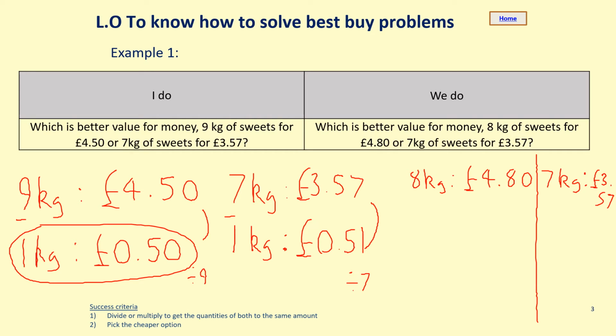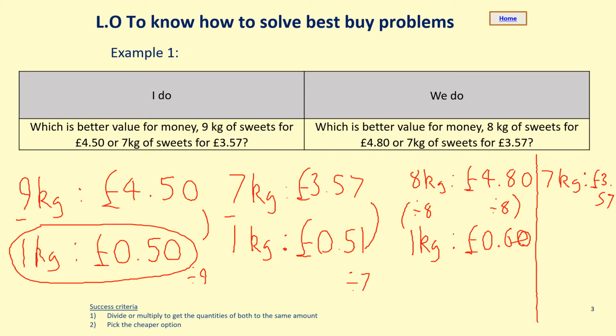Okay, so let's again work out the price of 1 kg in both deals. So in this one, 1 kg, well, we've divided the quantity by 8, so we must do the same to the price. £4.80 divided by 8 gives me 0.60 or 60p, okay? 60p.